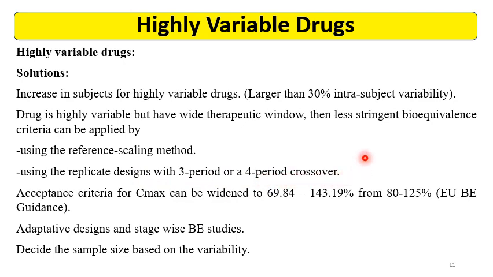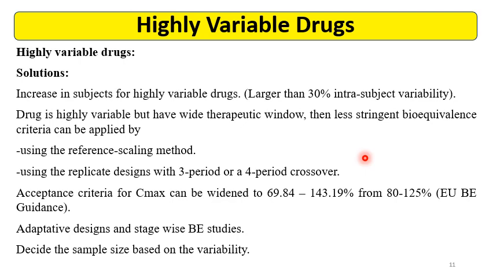So in this method, the reference scaling is done, and the reference product is given more times, so that the variation in the reference can be made known, and then the test formulation can be statistically tested.